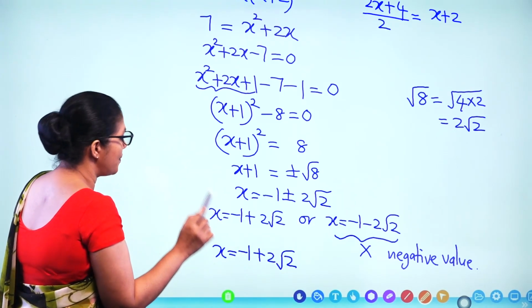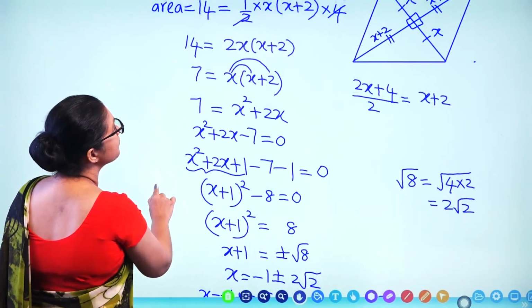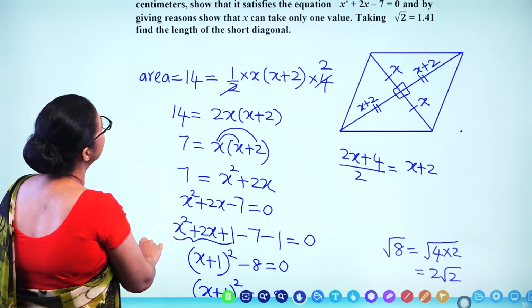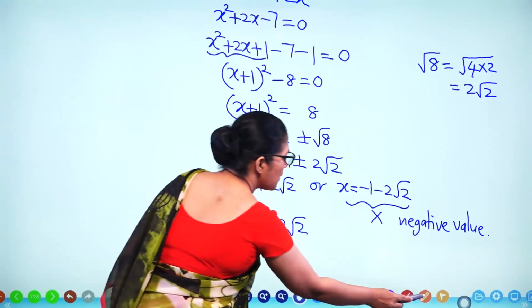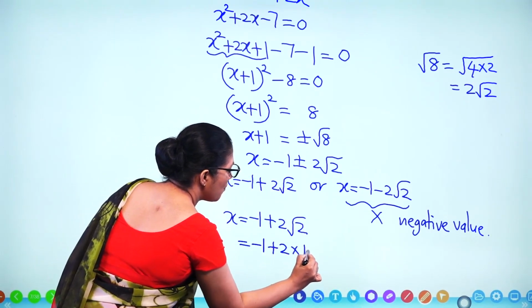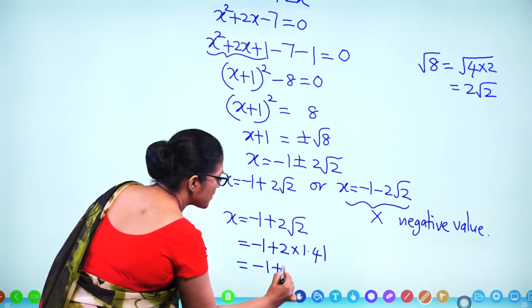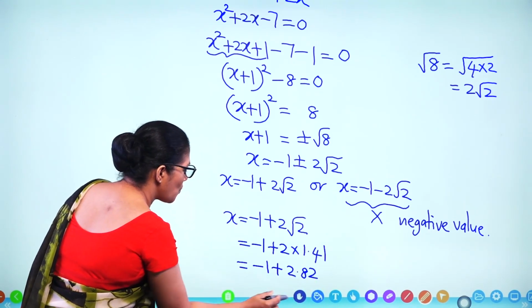So what's the value? It says take root 2 as 1.41. Substitute 1.41. So you get minus 1 plus 2.82, 2.82 minus 1.